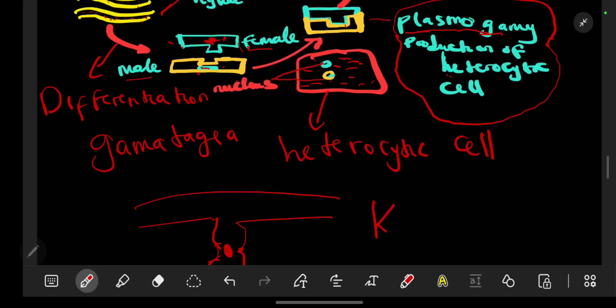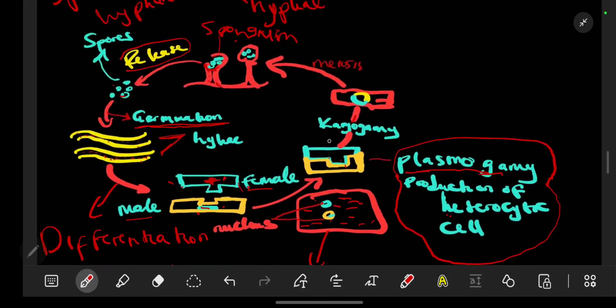In case you are not seeing it properly, that word is karyogamy. So karyogamy is the fusion of the nucleus. After karyogamy, there is the production of what we call the zygote.